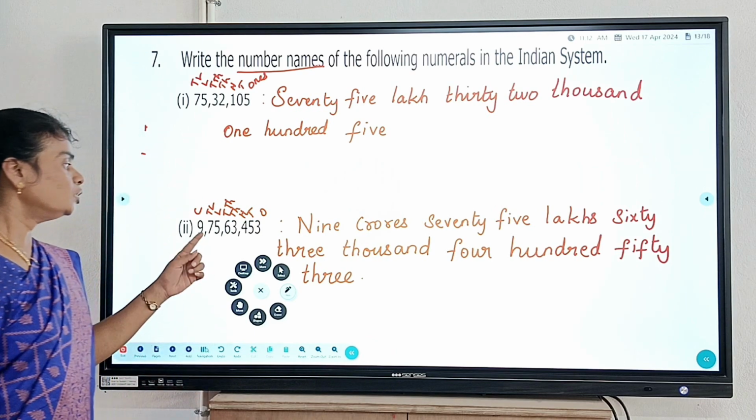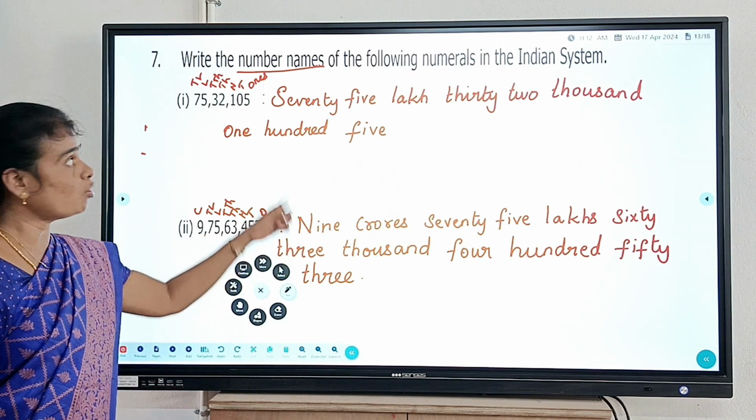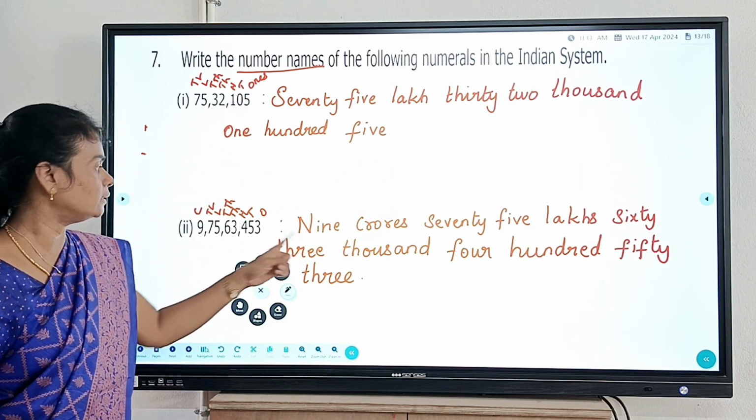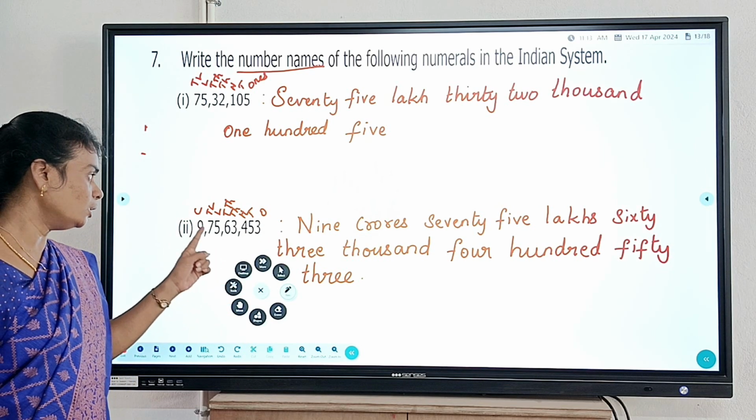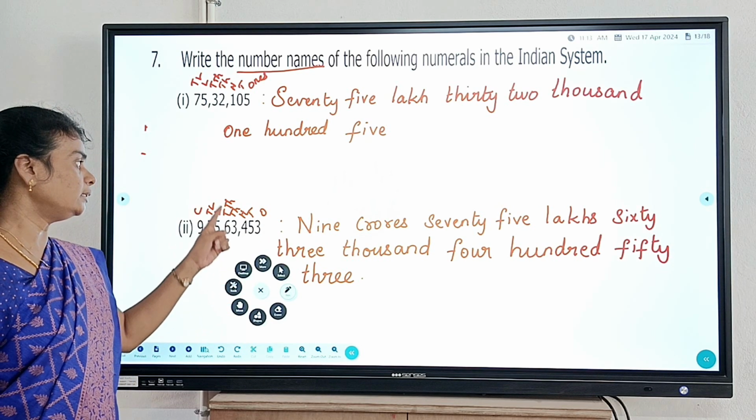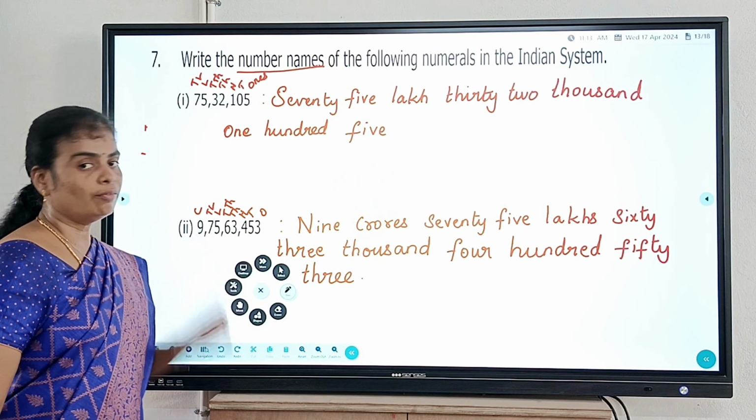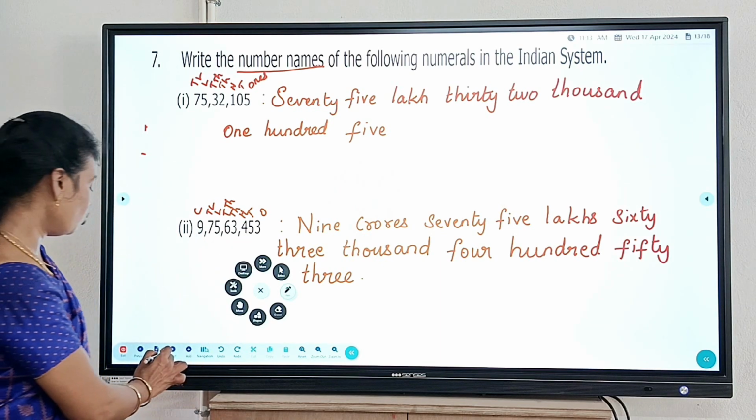Is it clear? So the given number is written in the form of a number name in the Indian system. So this is 9 crore 75 lakh 63,453. Shall we move on to the next one?